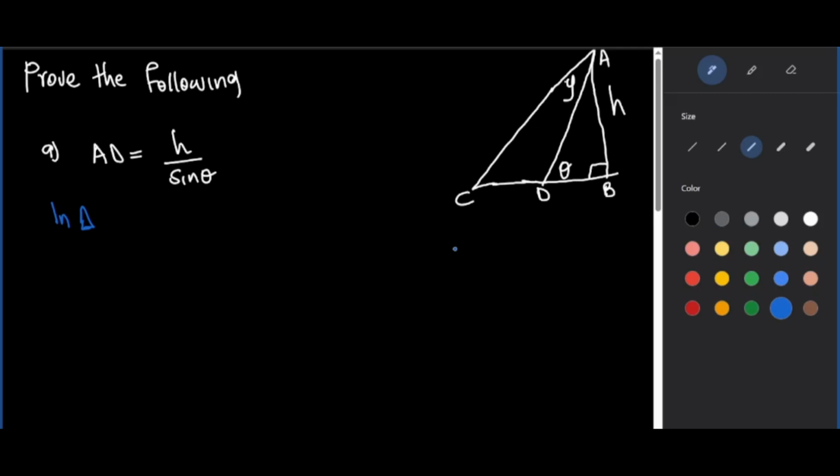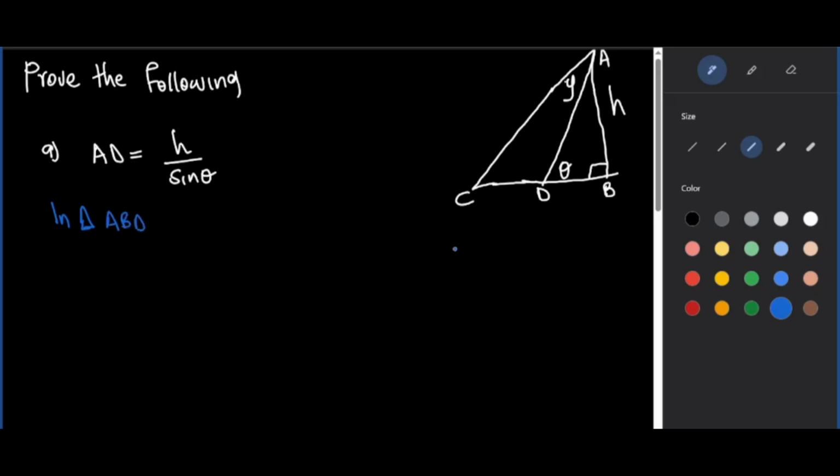I'm sorry, not AD, AB is the one that is common; AD is not common. We need theta and h. Which triangle should we work on? If we need theta and h, ABD, exactly. So in triangle ABD, look at this.